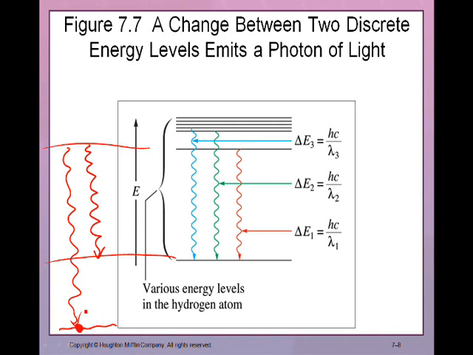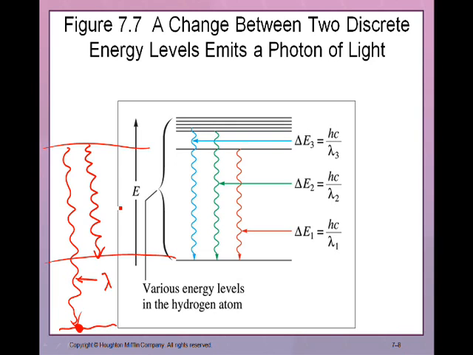Well, it turns out that if they fall this distance right here, the wavelength is going to be short enough and the energy is going to be high enough that we cannot see this light. This is going to be down in the ultraviolet end of the spectrum.